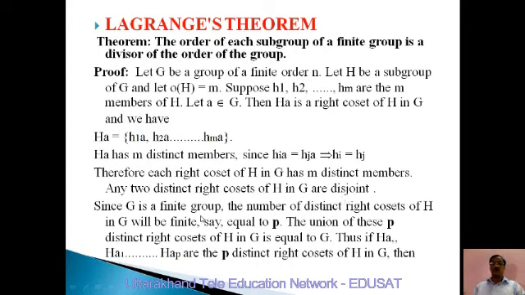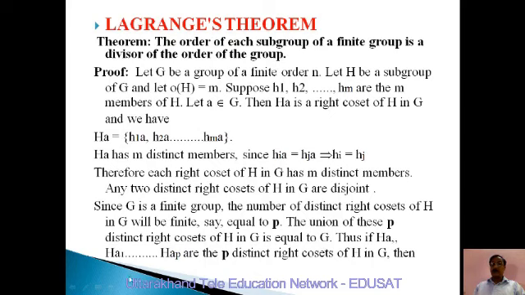Since G is a finite group, the number of distinct right cosets of H in G will be finite, say equal to p. The union of these p distinct right cosets of H in G is equal to G.